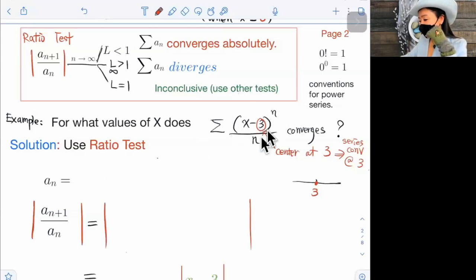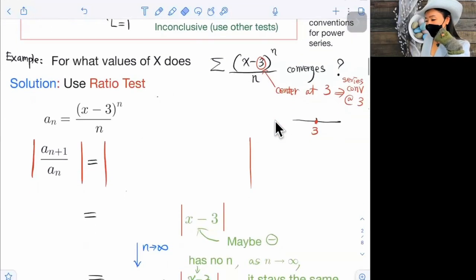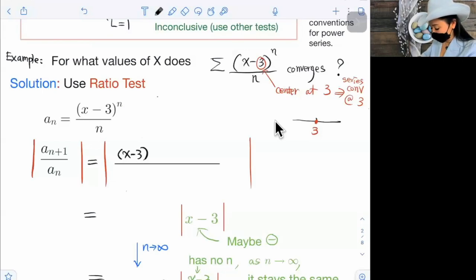Yes, this here is a_n. So what's a_n plus 1 over a_n? a_n plus 1 will be x minus 3 to the n plus 1 over n plus 1. So that's a_n plus 1.